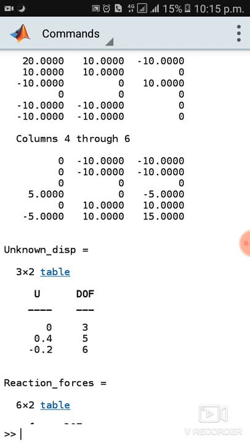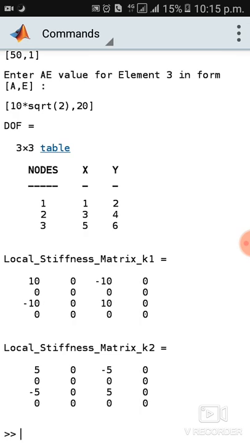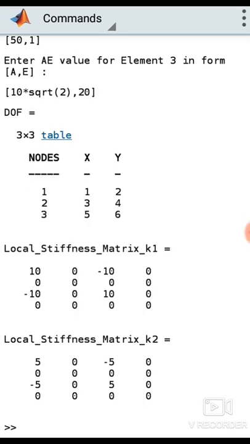There is a 0.4 displacement at degree of freedom number 5. So see, where is degree of freedom number 5? It is located at node number 3, along the x-axis.